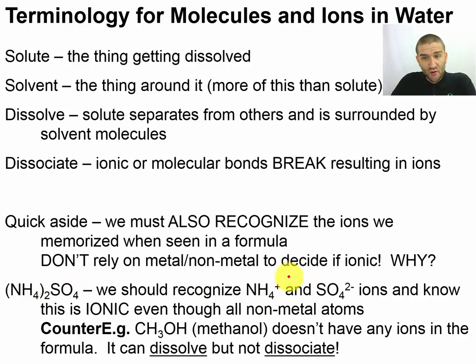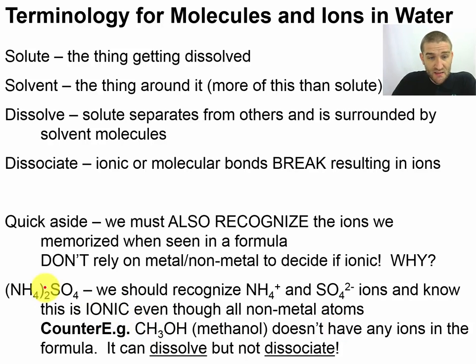When we drop them in water, the ammonium and the sulfate are both going to dissolve and dissociate into the NH4 plus ions and the SO4 double minus ions. But notice there are no metals anywhere in this. All of these are considered nonmetal atoms. So if we rely on recognizing nonmetal and nonmetal as being covalent and metal to nonmetal as being ionic, we're going to have a real problem.